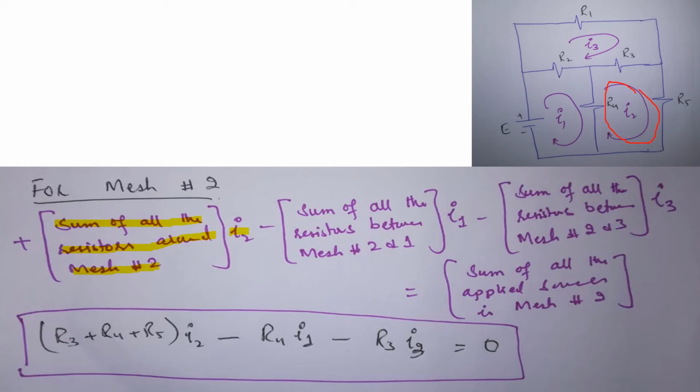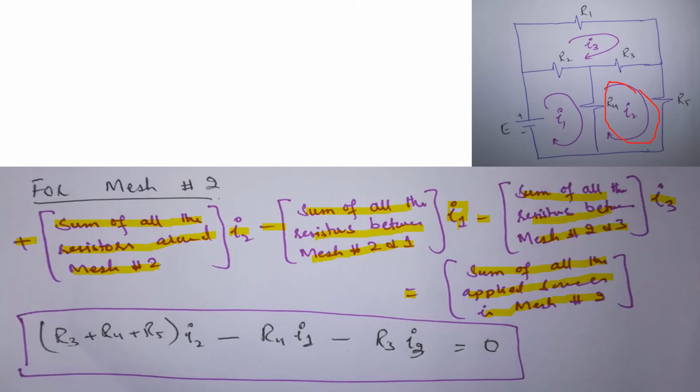Since we are taking mesh 2, the current of mesh 2 has a positive sign, minus the sum of all the resistors between mesh 2 and mesh 1 multiplied by I1, minus the sum of all the resistors between mesh 2 and mesh 3 multiplied by I3, because we are comparing with mesh 3. Now we have only three meshes, so we conclude our formula here, which is equal to the sum of all the applied sources in mesh 2.